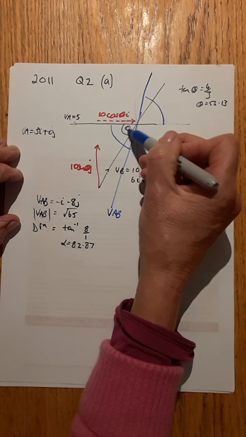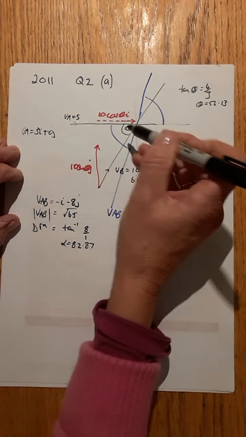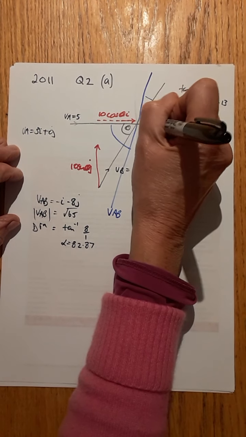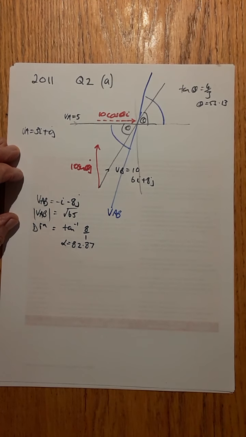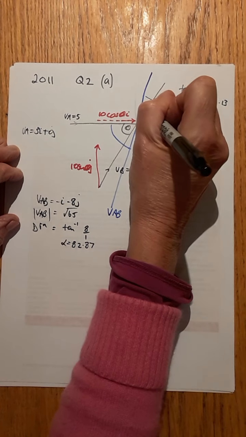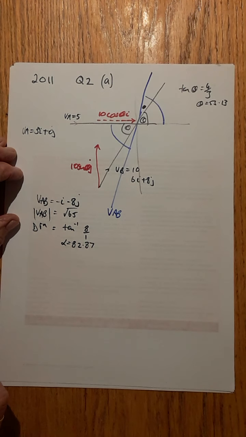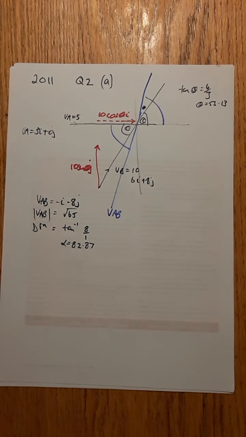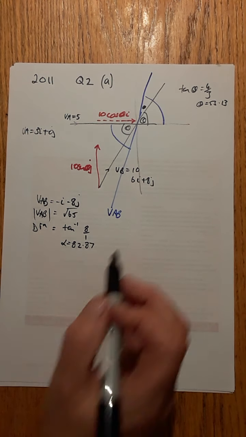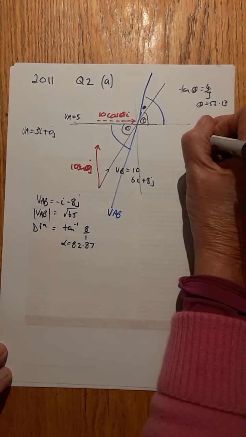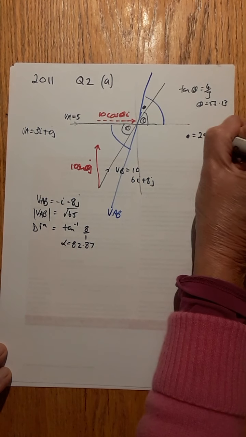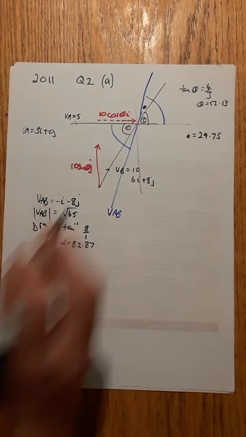I know that, looking at my opposite angles, this one's theta by the opposite angle rule, which means that this angle here, I'll call it dot, will be 82.87 minus 53.13. And that gives you 29.75 degrees.